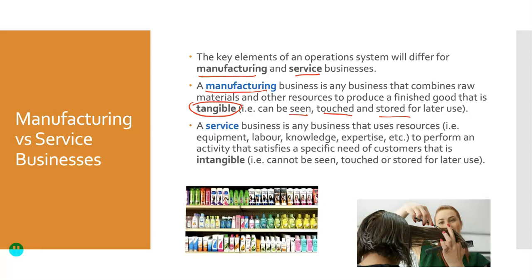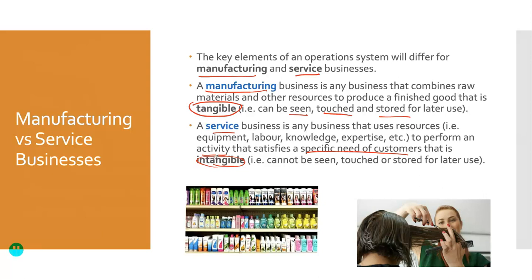Now, a service business is very different. This is any business that uses resources, could still be equipment, labor, knowledge, and expertise, but they are going to perform an activity. They're not creating a finished good. They're going to perform an activity that satisfies a need for a customer. And this need and activity is intangible.